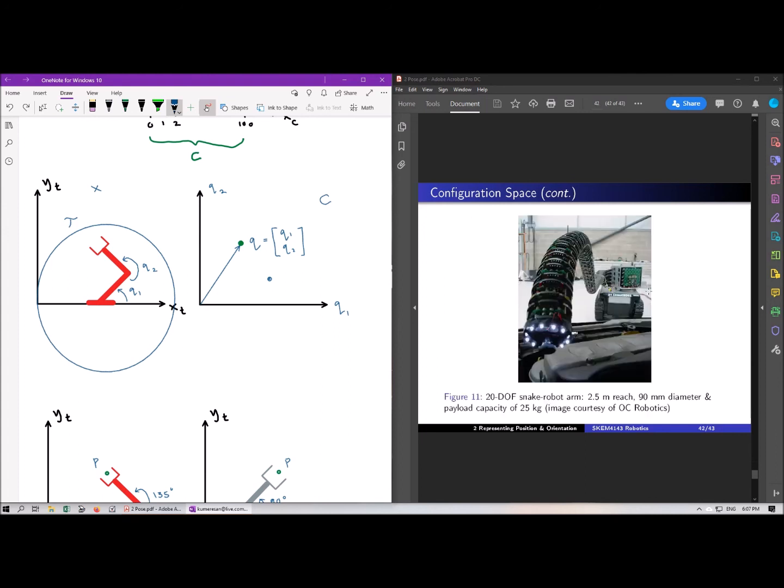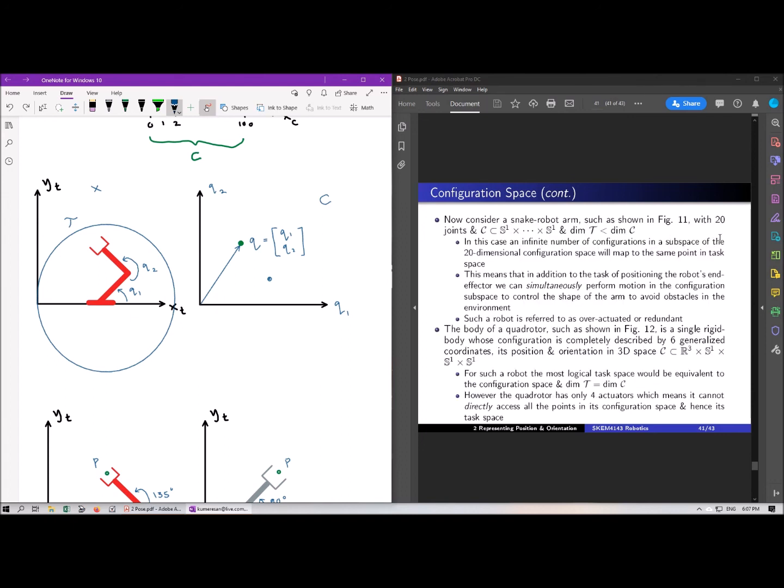Now consider a snake robot arm, which is shown in figure 11. This is a snake robot which has 20 degrees of freedom with 20 joints. In this case, an infinite number of configurations in a subspace of the 20-dimensional configuration space will map to the same point in task space.